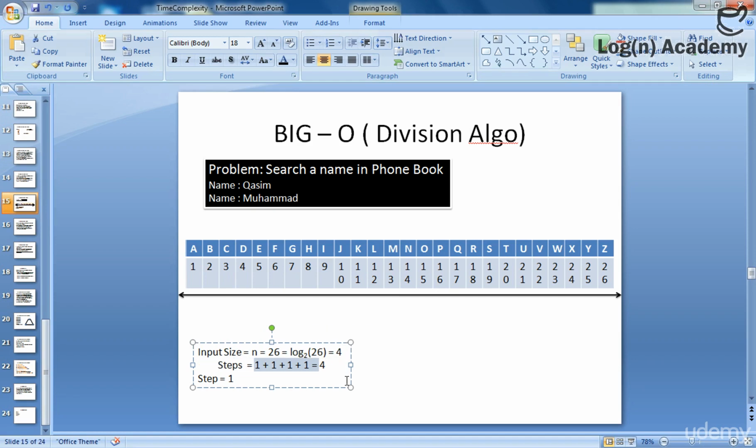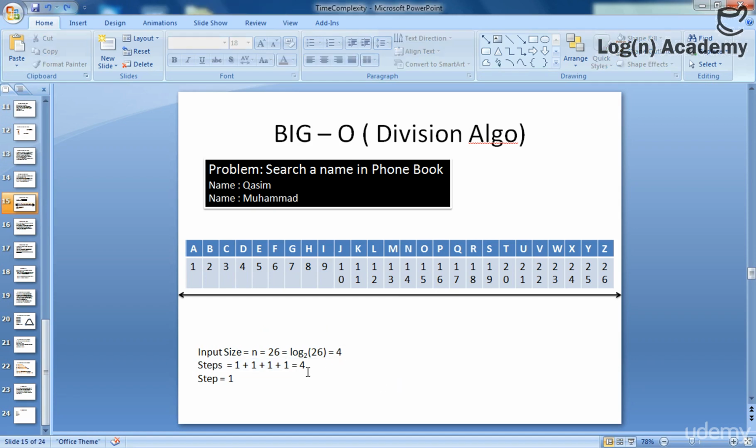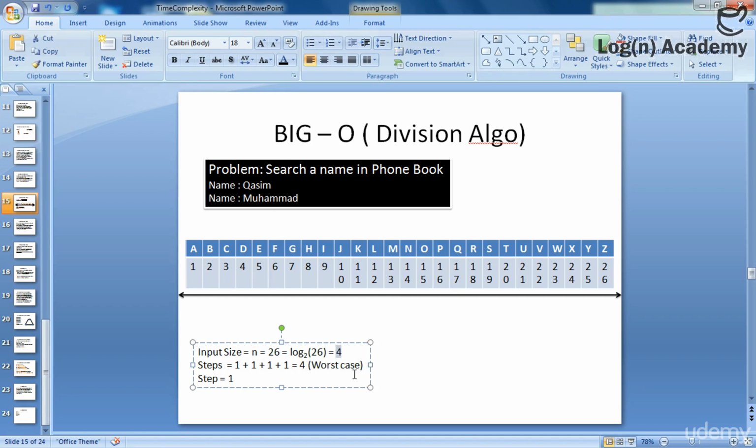So this is the worst case, in which we search till the last, and this was the best case, in which in just the first comparison we got our answer.